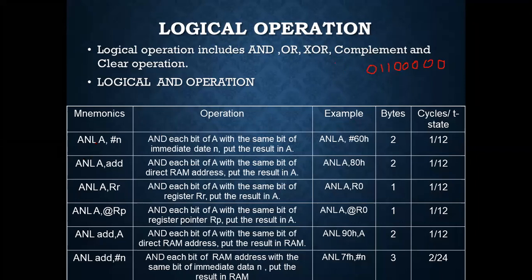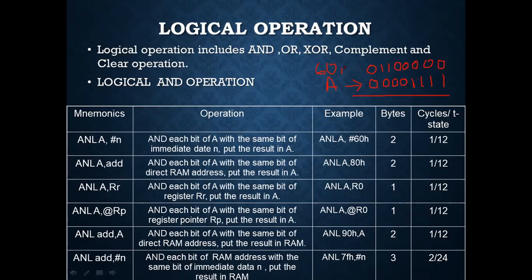Suppose in the A register the data is 0FH. 0FH means 0 0 0 0 1 1 1 1. This is the content of the A register, and this is the conversion of 60H. Clear?